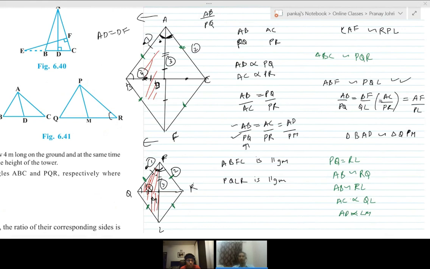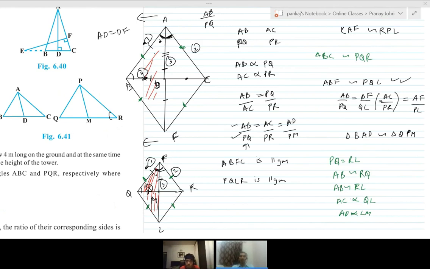Now we need to prove these two triangles ABC and PQR are similar. The problem is we don't have any angles, and the third base is not given in proportion to the other triangle's base, right?